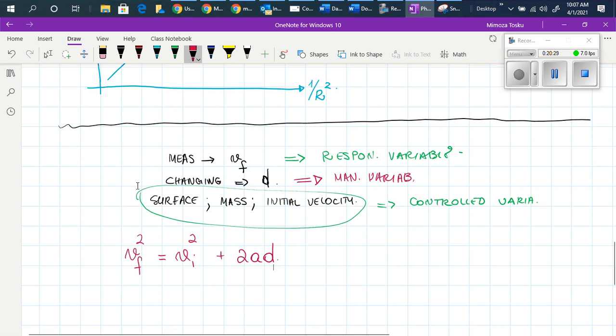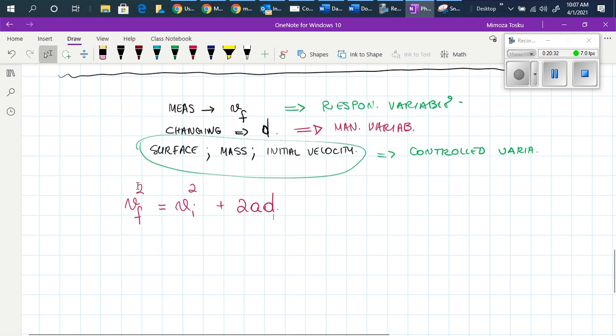And on this formula, what do we have to do to straighten it? We have to mirror it with mx plus b, which is the equation of the straight line. Now, what we are measuring is the final velocity, so this, or a modified version of this, will be on the vertical axis, sorry.